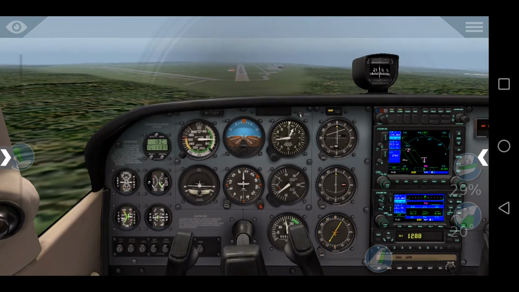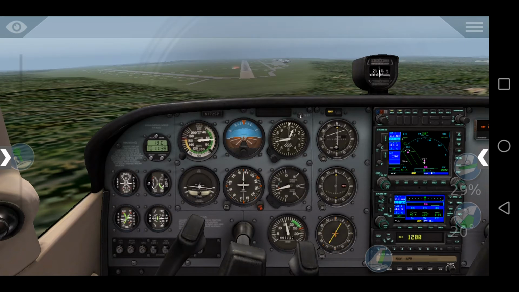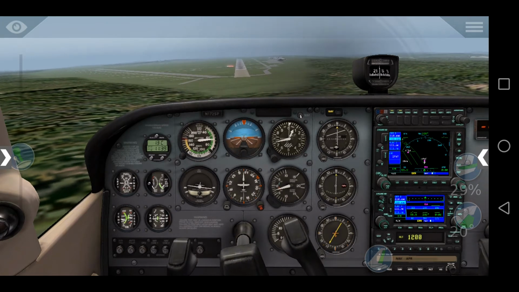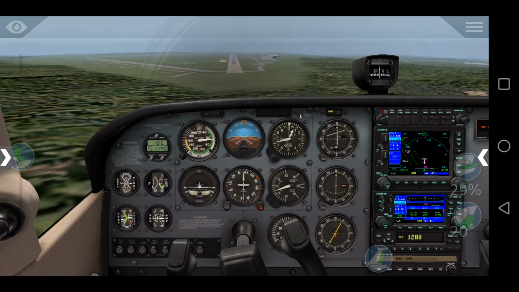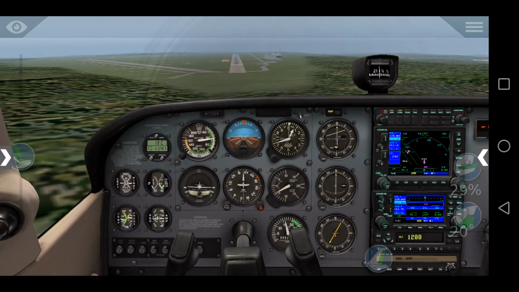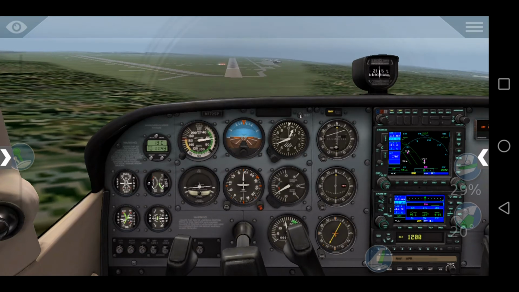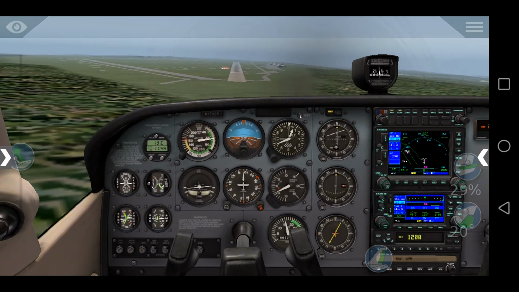Now I think I'm far below my glide slope, so at this moment, I'm going to concentrate on landing the aircraft. My speed is almost coming to 60 knots, which is good news for me. I'm going to pitch the nose up a bit to allow the speed to drop even more.